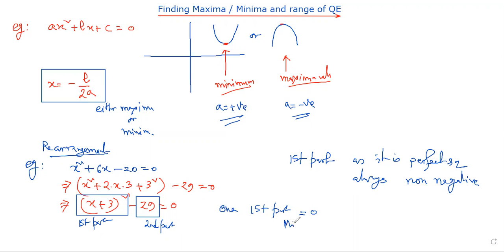So the minimum value of the quadratic equation is minus 29. Whenever the first part is more than 0, the value will go on increasing, and it will be positive also. So the minimum value I can find in this case. It is basically the adjustment of the quadratic equation happening at this time.